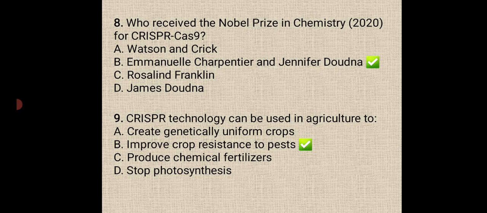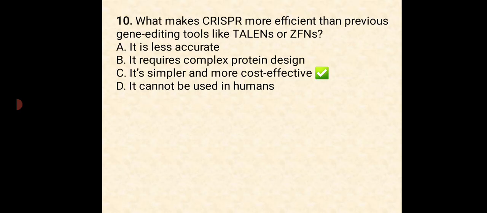Yes, the answer is Emmanuel Charpentier and Jennifer Doudna. And the ninth question, CRISPR technology can be used in agriculture to create genetically uniform crops, improve crop resistance to pests, produce chemical fertilizers, stop photosynthesis. Yes, the answer is improve crop resistance to pests.